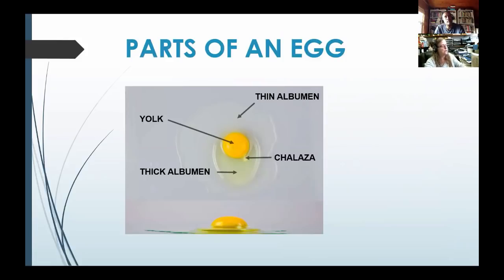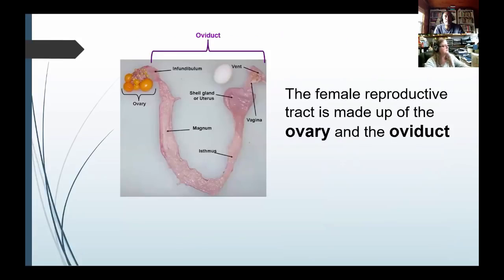This is important to the chicken for embryo development because you don't want the embryo touching the inside of the shell, getting stuck. You'll get abnormal chick development or death. So again, eggs, while we like to eat them, are part of a reproductive system, and so you need to consider it that way.